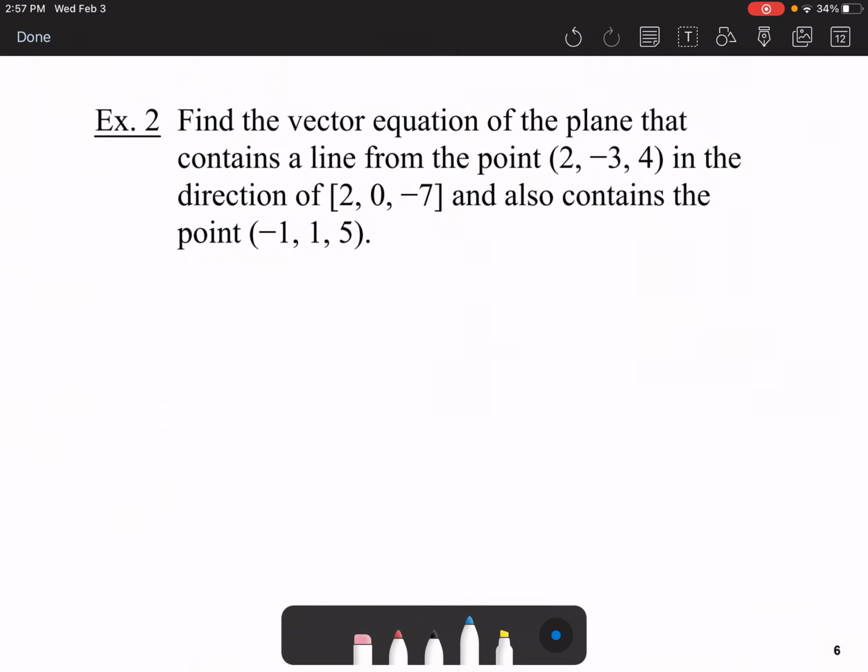Okay, so we're going to find the vector equation of the plane that contains the line from the point 2, negative 3, 4 in the direction of 2, 0, negative 7, and also contains the point negative 1, 1, and 5. So, to come up with a vector equation, vector equations require a point and 2 directions.